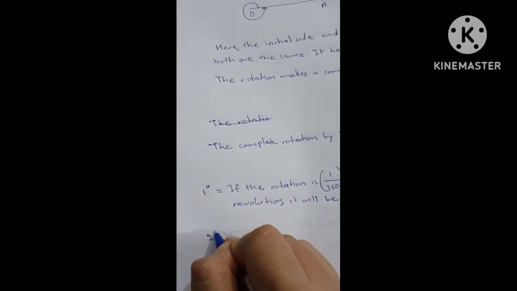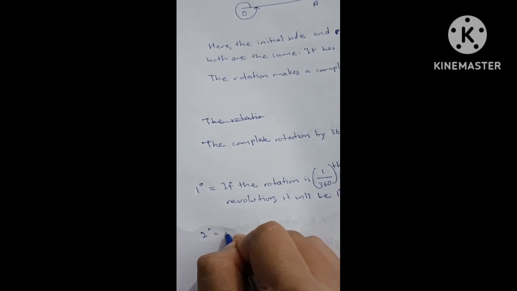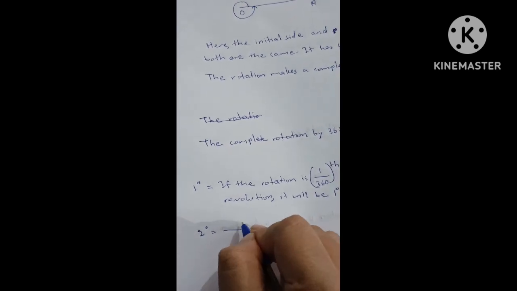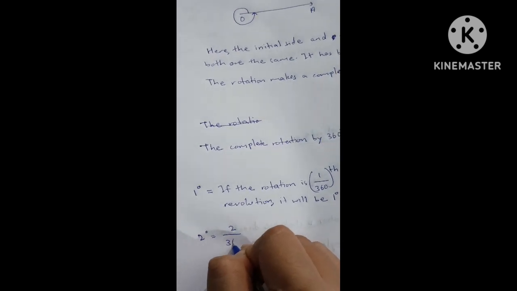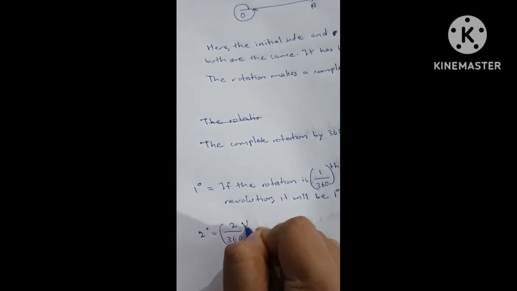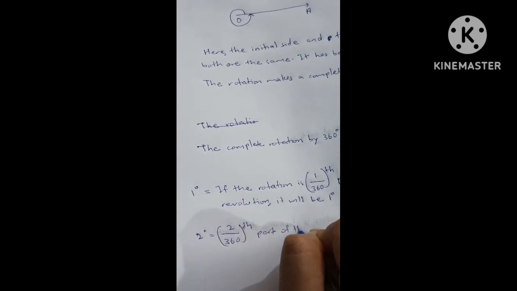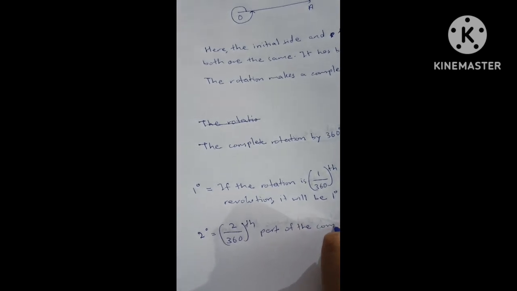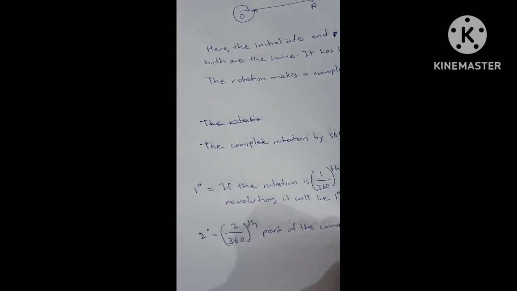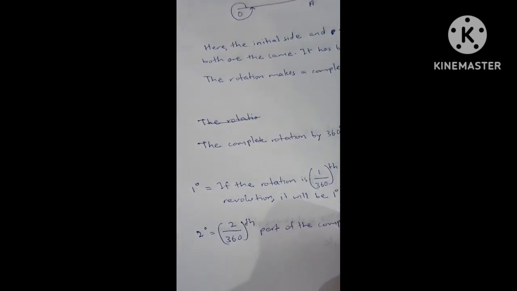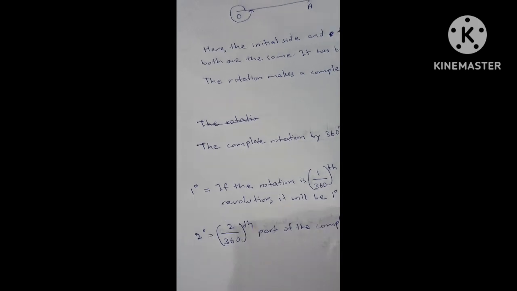Similarly, 2 degree is 2 by 360th part of the complete revolution, and so on.